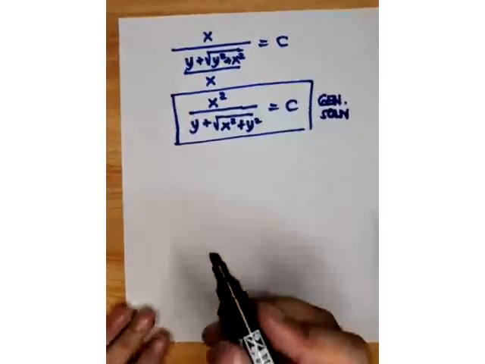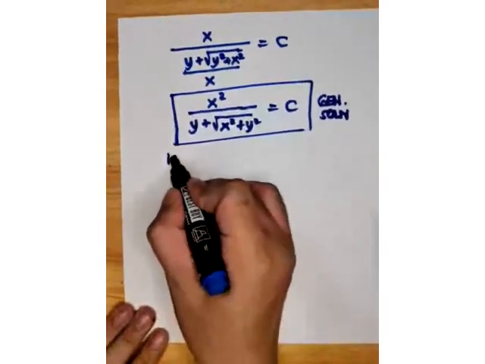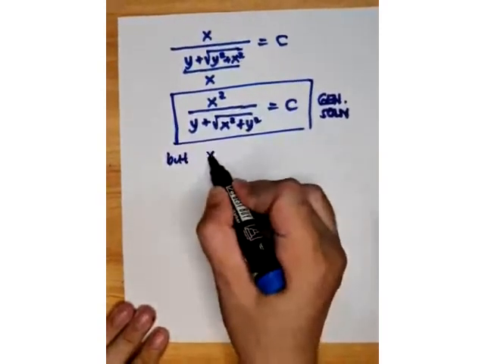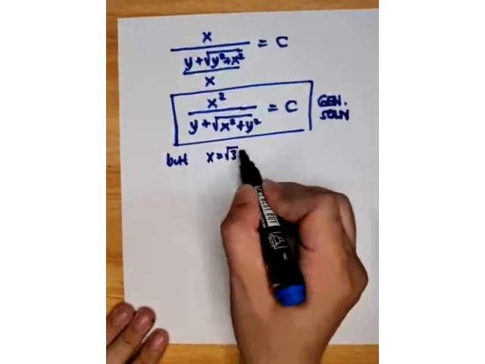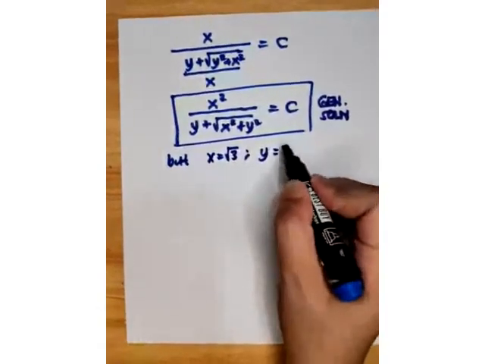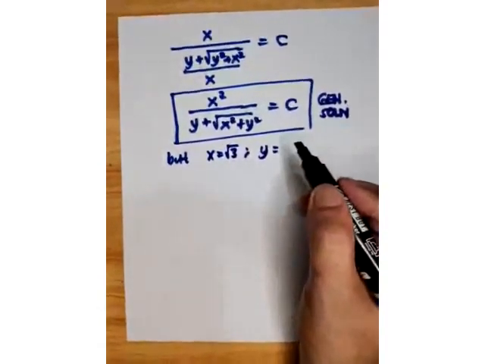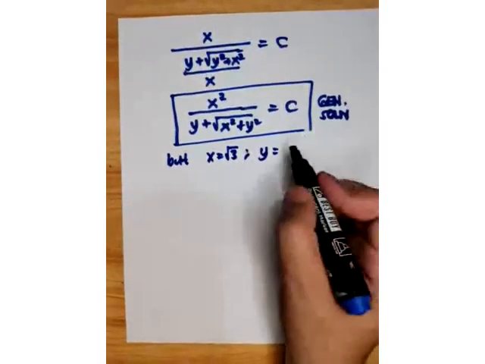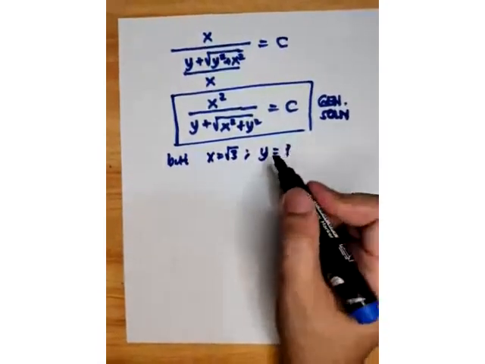Okay, but we are to find the particular solution because when x is square root of 3, y is 1. Tama ba ako? Saan yun? Yeah, tama. Y is 1. So let's substitute.